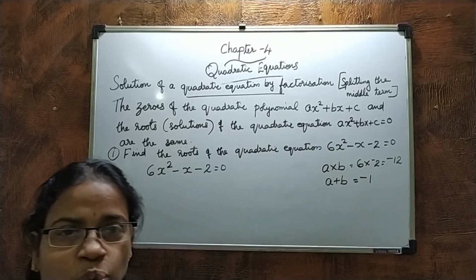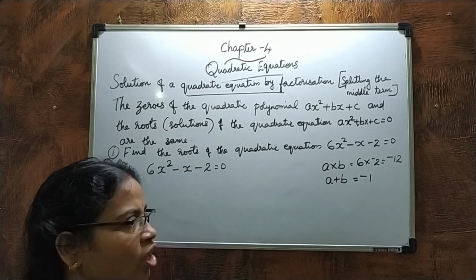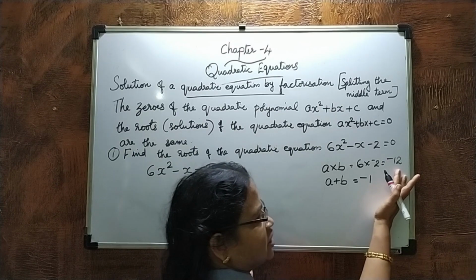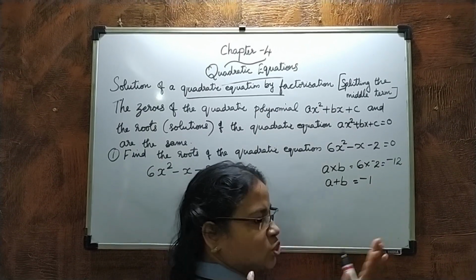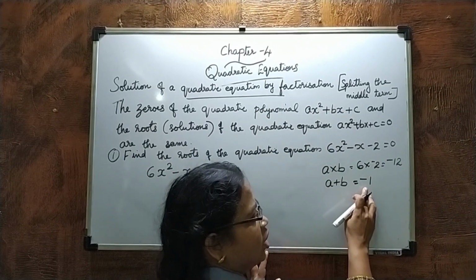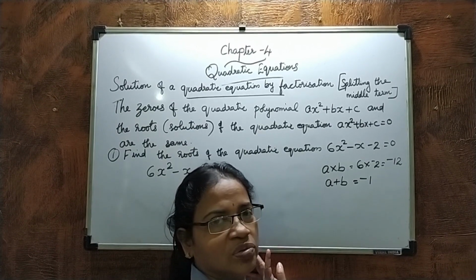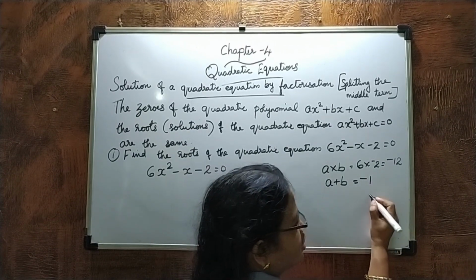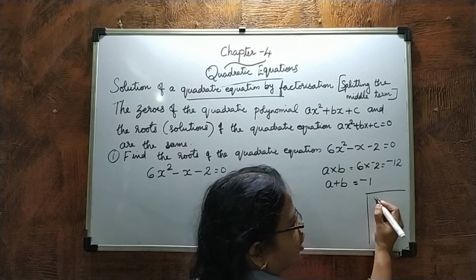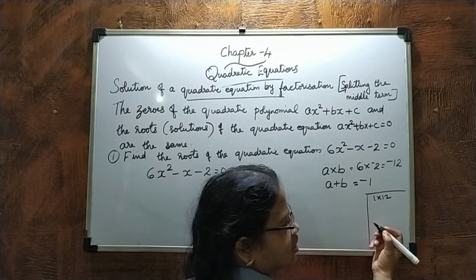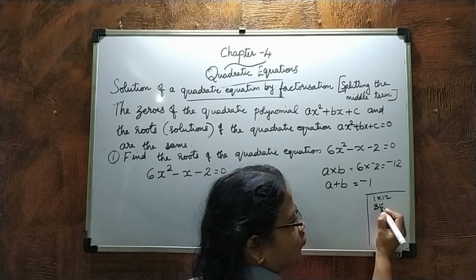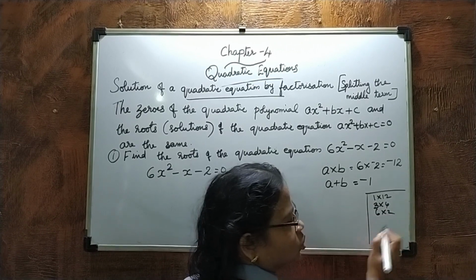Now which two numbers must multiply to give negative 12, and when you add the same two numbers, give negative 1? How will you find it? Negative 12 means which numbers can we say? 1 into 12, 3 into 4, 6 into 2, right?